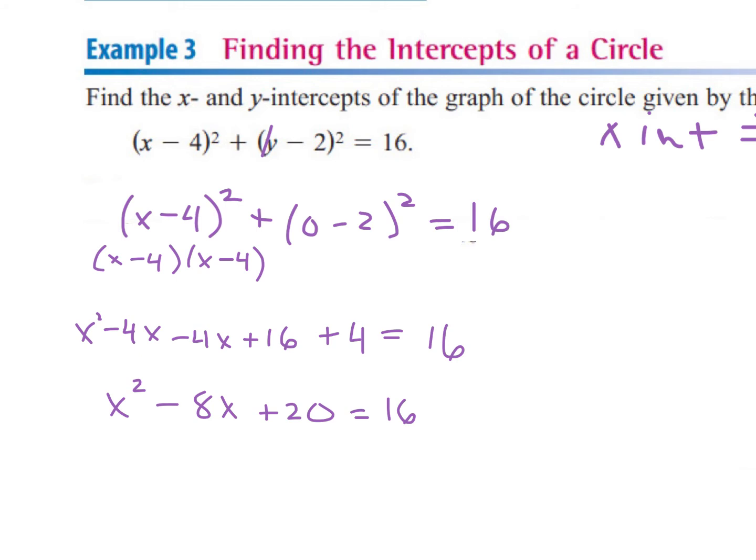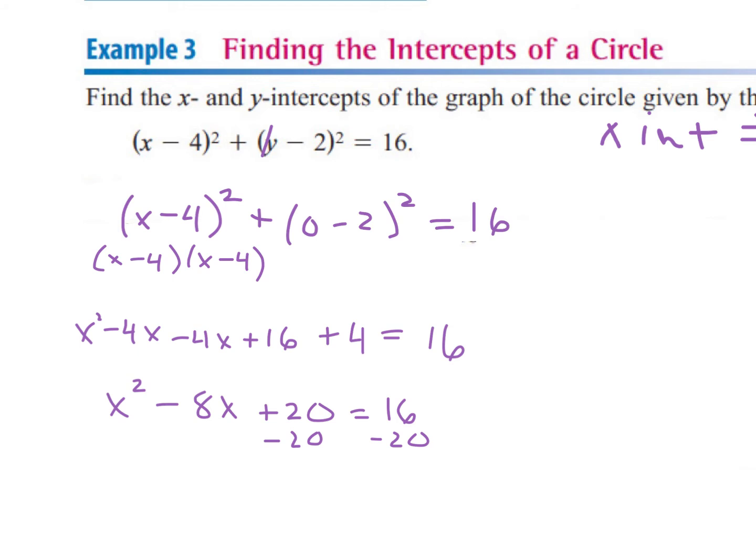What next? Subtract the 20. If we subtract the 20, we would get x squared minus 8x is equal to negative 4. We see we have an x squared term, an x, and a number, so we know we're going to have to factor.